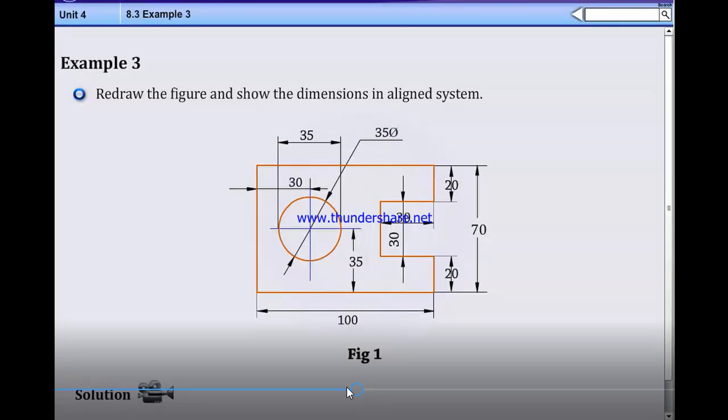Thirty, 35, 5, like this. Just you observe. First you have to draw a figure as it is.